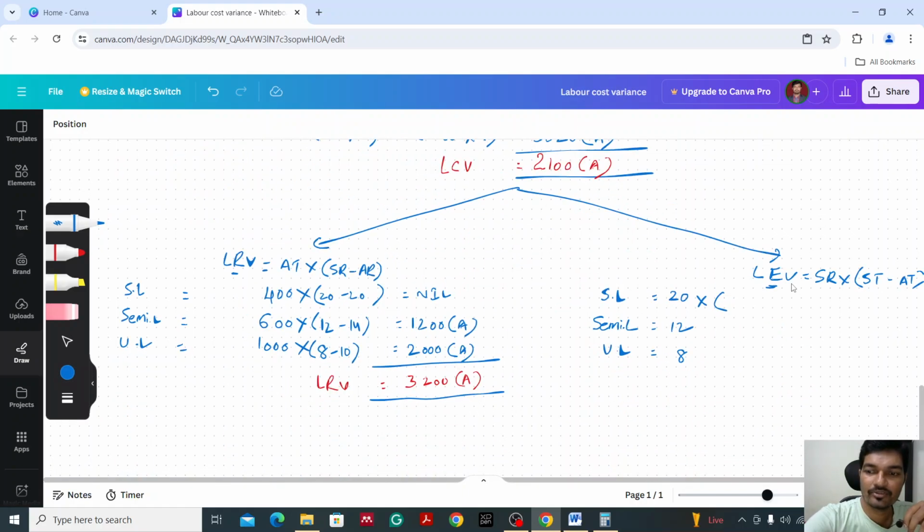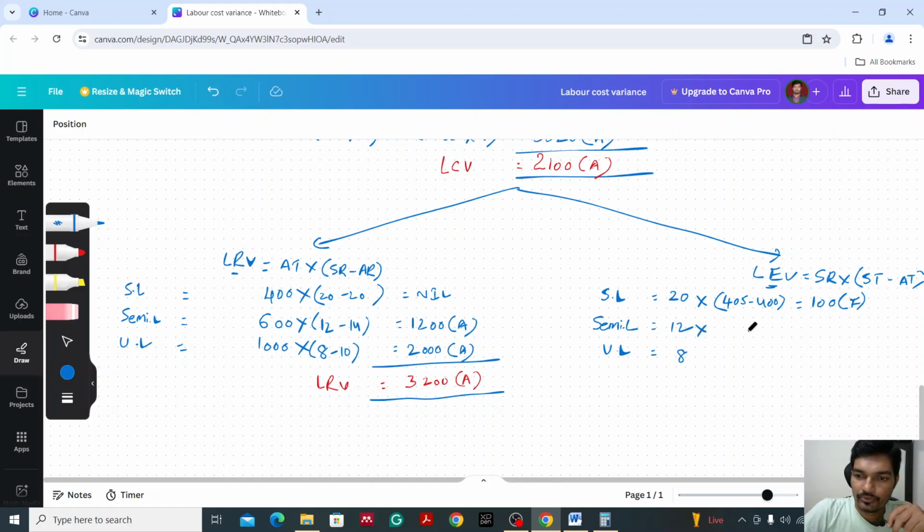The standard time is 405 and the actual time is 400. So the result is 5 positive and the answer is 100. We are getting a positive value, so we should write F, favorable.